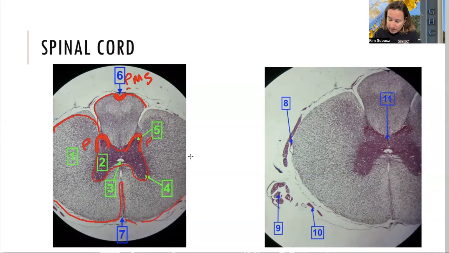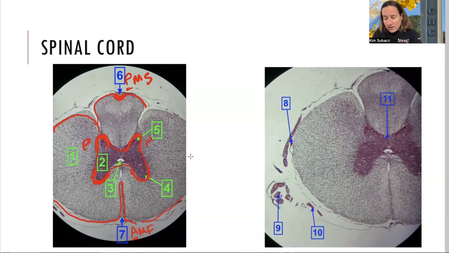If you see this dark gray line that comes in, that is super deep, and it's a fissure because it's deeper than the sulcus. So this is the anterior median fissure on the anterior side. So it was posterior on the one side, anterior on the other side. Number 7 is our anterior median fissure. And if this is the anterior side, this means that this has to be the anterior horn of gray. Anterior horn of gray.